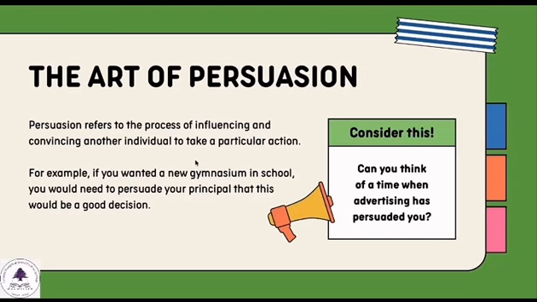And if you ask me, the anecdote is a short story, and it can be about you, it can be about anyone, okay, who faced a specific issue in life. So, for example, here the hook is: can you think of a time when advertising has persuaded you?